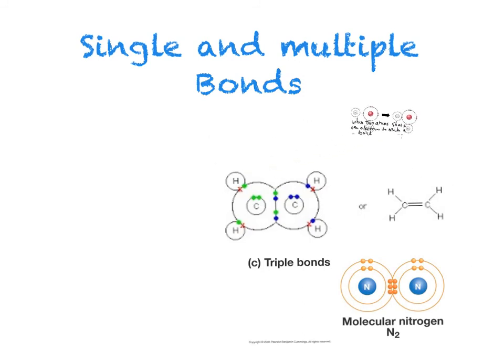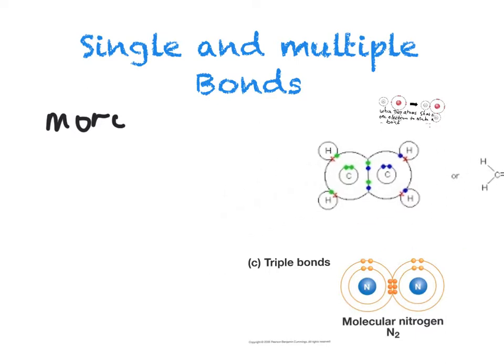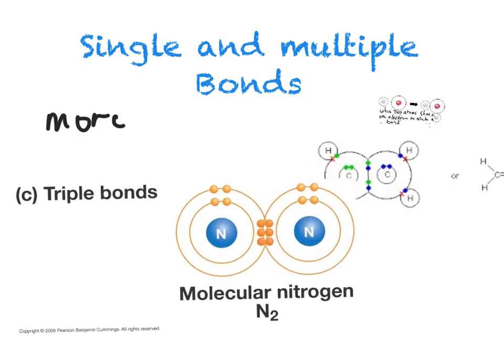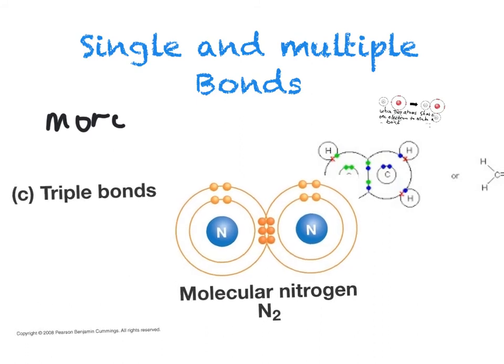Atoms can also make what are called multiple bonds. Multiple bonds mean that atoms can share more than 1 electron with another atom. An example is shown here, N2.